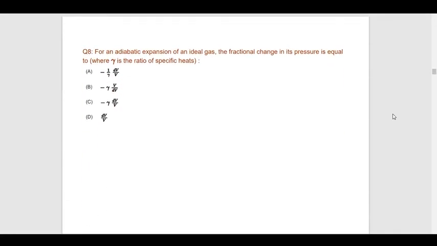Question number 8 says that for an adiabatic expansion of an ideal gas, the fractional change in its pressure is equal to, where gamma is the ratio of specific heats. For an adiabatic process, we know that PV to the power gamma is constant. Therefore, if we differentiate this equation, we will get dP by dV equals minus gamma P divided by V. This is something which we already learned in our regular sessions.